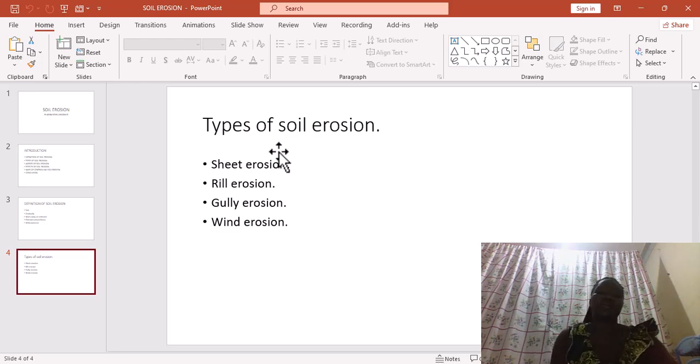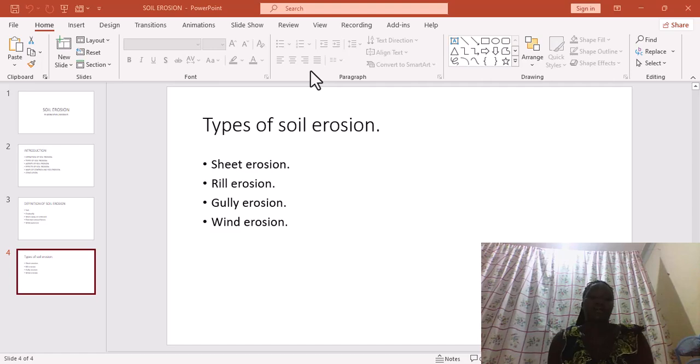So let me briefly define for you each of them. So for the sheet erosion, sheet erosion involves uniform removal of thin layers of soil from large areas by rainfall or runoff water.